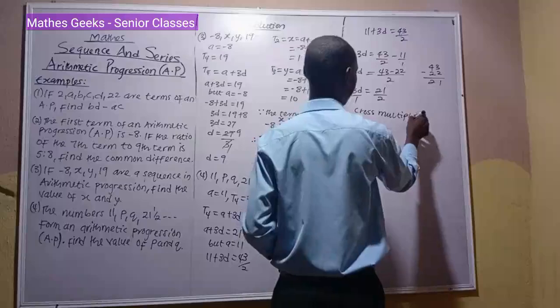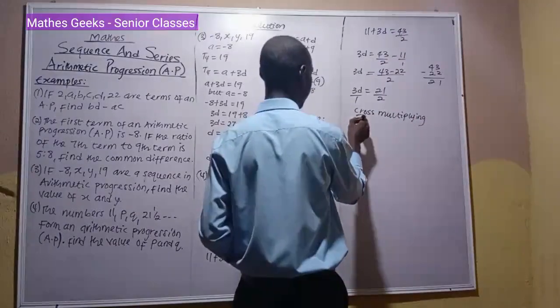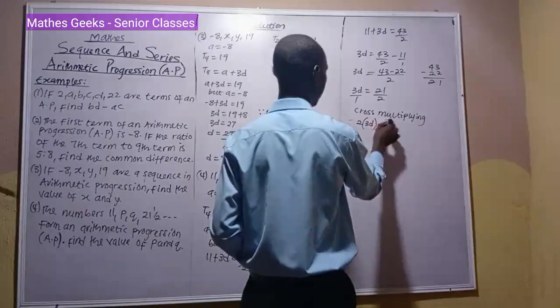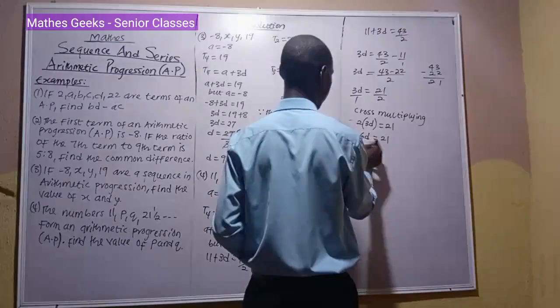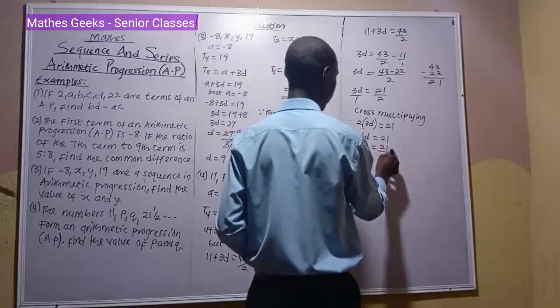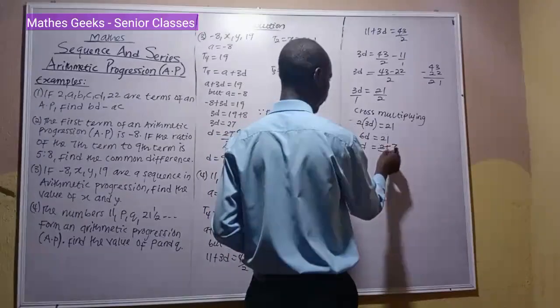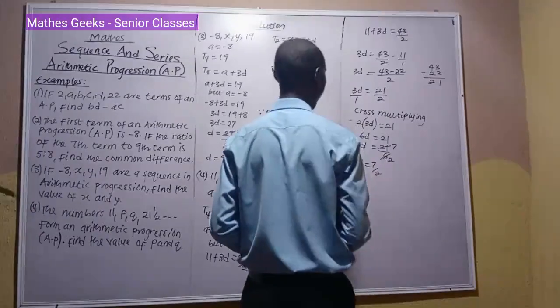Cross multiply. We're going to have 2 times 3d is equal to 21. 6d is equal to 21 and d is equal to 21 over 6. So 3 here, 7, 3 here, 2. So d is equal to 7 over 2.